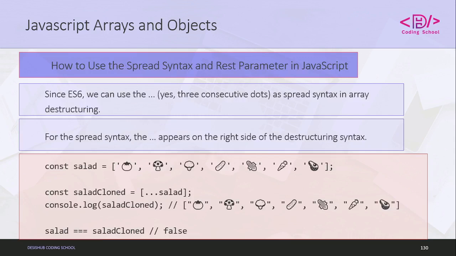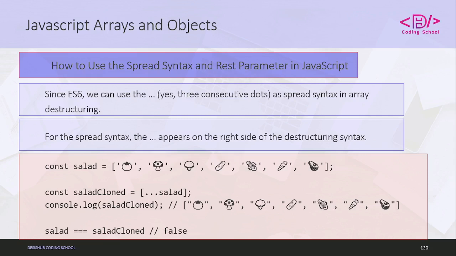So another one, a good one, is the spread syntax. The spread and the rest syntax, but what is most important actually is the spread concept. It was also brought in ES6.